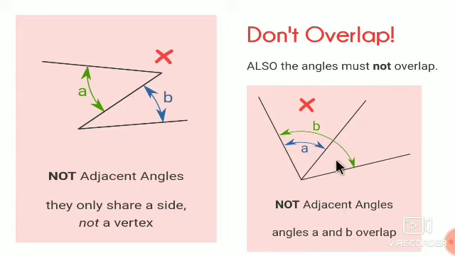Now the last figure, angle A and angle B have the common vertex. They have the common arm. But half of angle B overlaps angle A, meaning they have half the interior part in common. That's why this pair also is not adjacent angles.